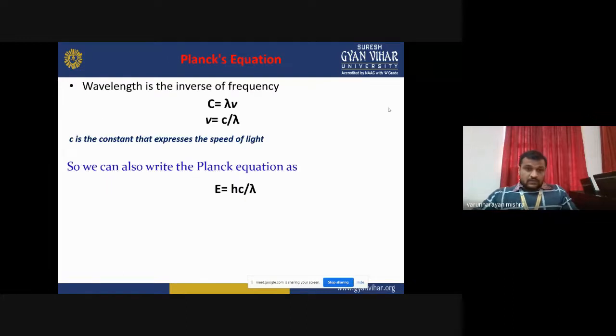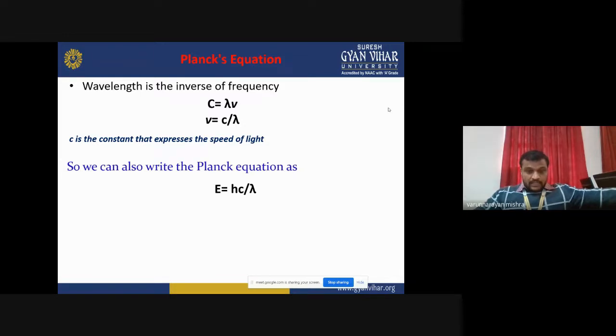This is how we can calculate the frequency and the speed of that radiation, or photon. c = λν, or ν, the frequency, is equal to c/λ. When we replace the value of ν in the equation E = hν, we get E = hc/λ.